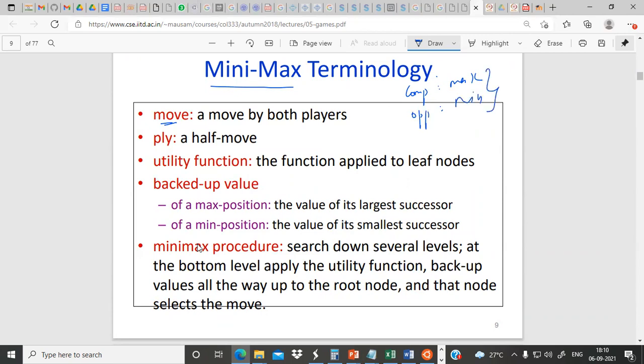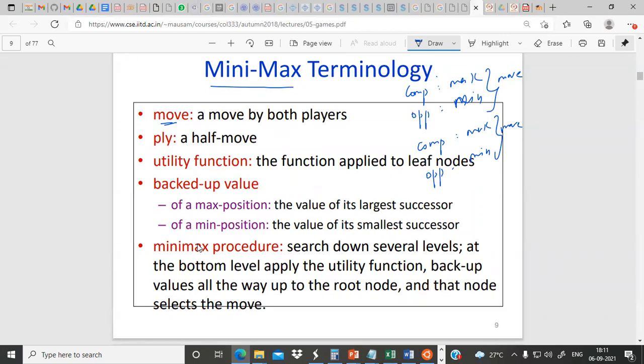These two combined are called a move. One max and one min, both put together, is a move. Then again the computer makes a move, and again the opponent makes a move. The opponent tries to minimize, the computer tries to maximize. This is another move, so totally we have made two moves.